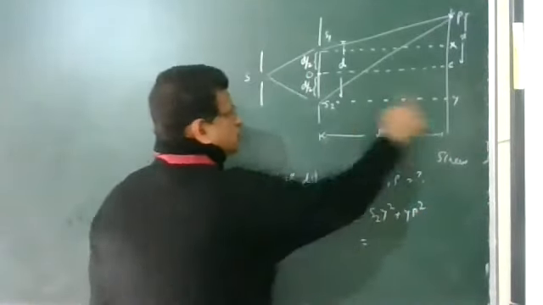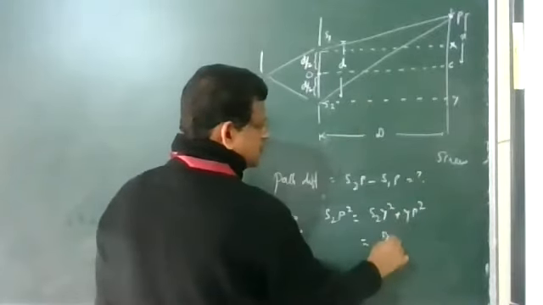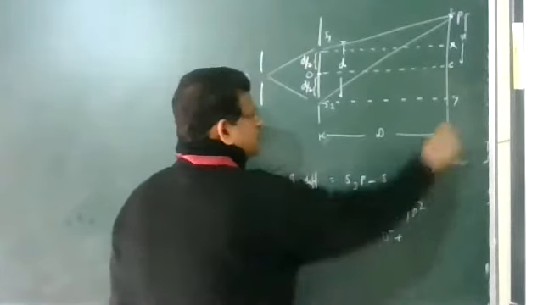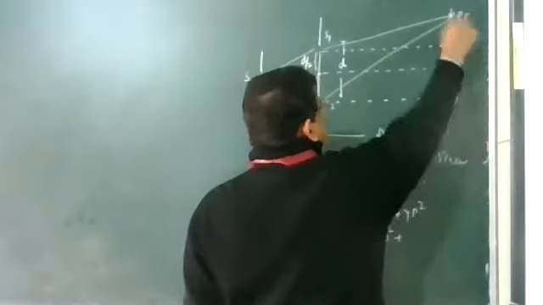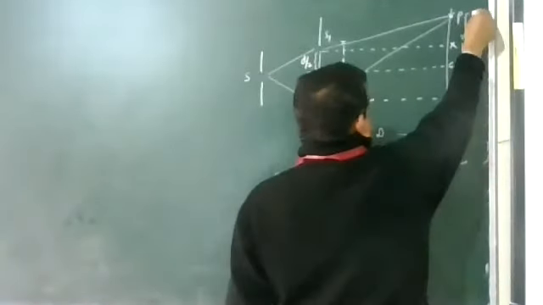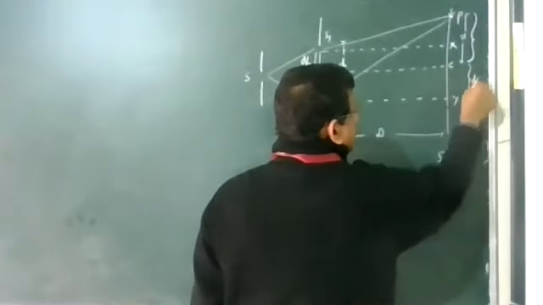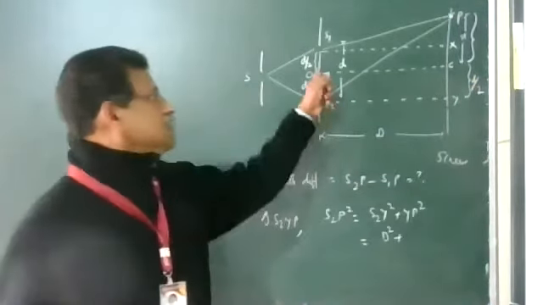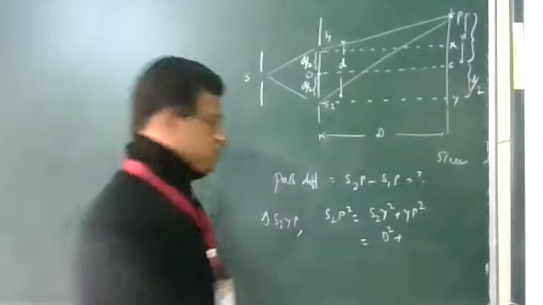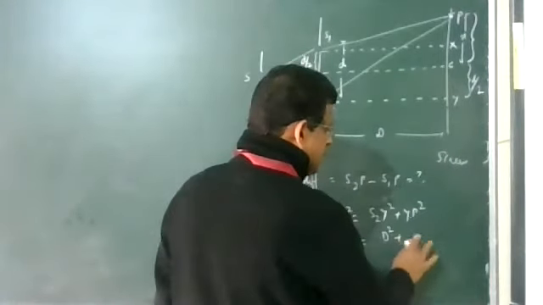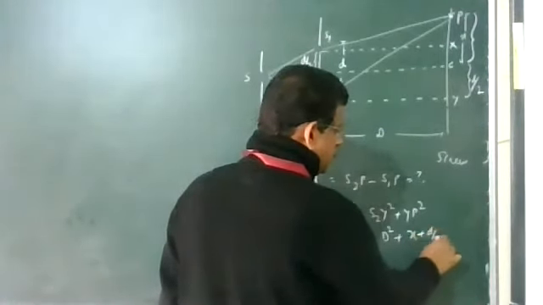What is S2Y? That is the distance of the screen, D. What is the YP distance? From here to here, the distance is x. From here to here, the distance is d by 2, half of the separation between the coherent sources. So this is (x plus d by 2) whole square.